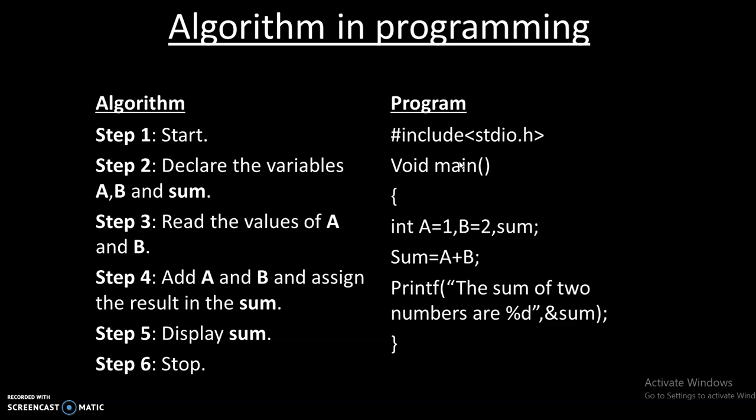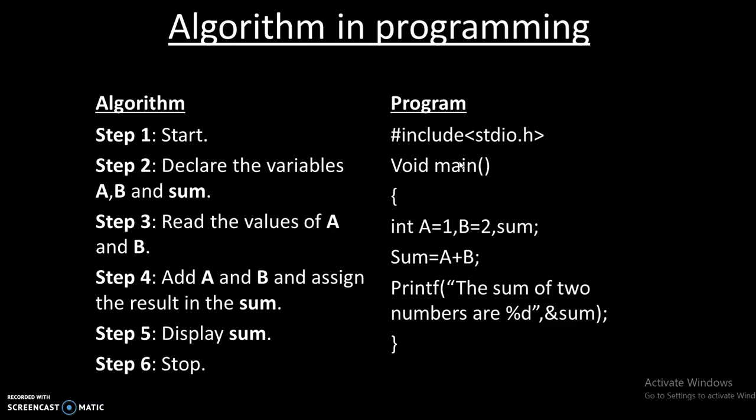As we have known, a library consists of a large number of packages from which we can import any of the packages we require into the program, so it is easy to implement. Then void main is the main function from where the execution starts. Here we have initialized a, b and sum, which are three variables. The values have been initialized as a equals 1 and b equals 2. Then the add operation is performed, and the result stored in sum is printed and displayed.